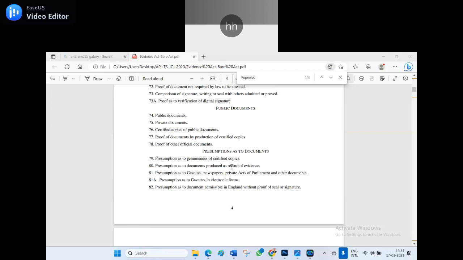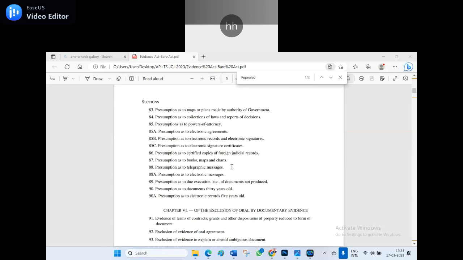The answer is section 79 to 90A. That is a presumption as to electronic record 5 years old. Presumption as to document 30 years old. Presumption as to due execution of documents not produced.